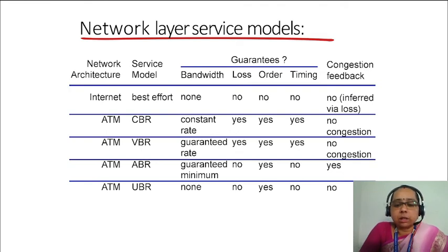When we send huge content or large packets in a queue, congestion may occur, but with request-based services we can avoid this congestion. These are the certain parameters to check in the service models before sending a packet.